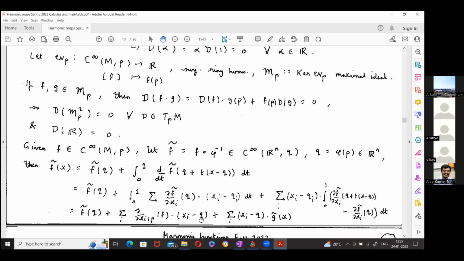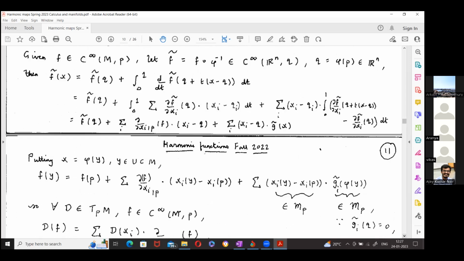There's a typo here, this should be qi. And plus sum over i. Again, there's a typo here, this should be qi. (xi minus qi) into this function here, this integral, which is a function of x. So I'm going to call this g̃i of x. Okay.